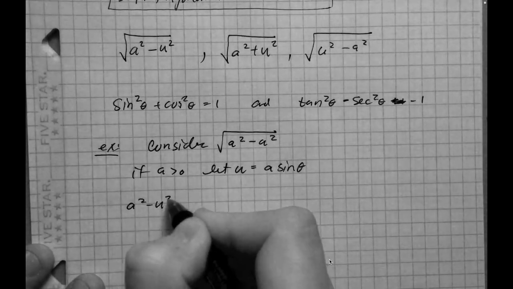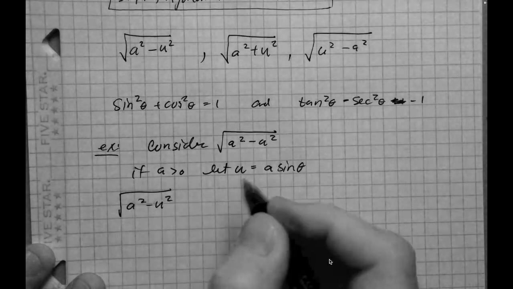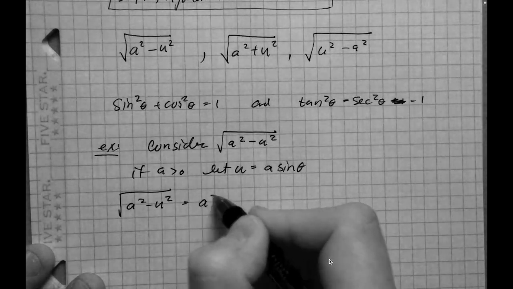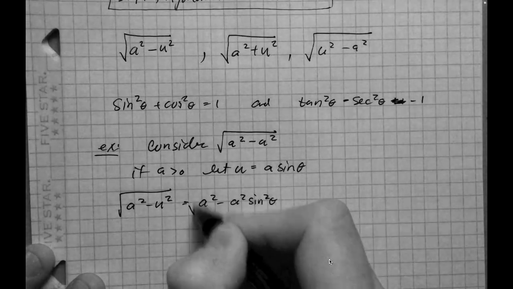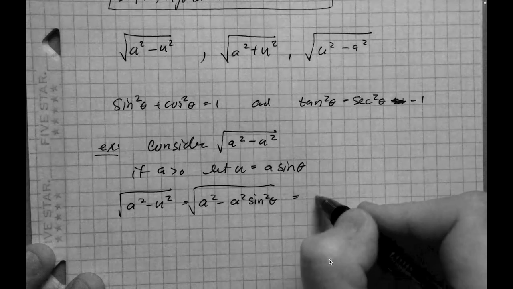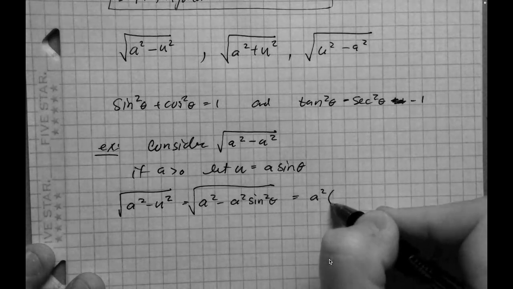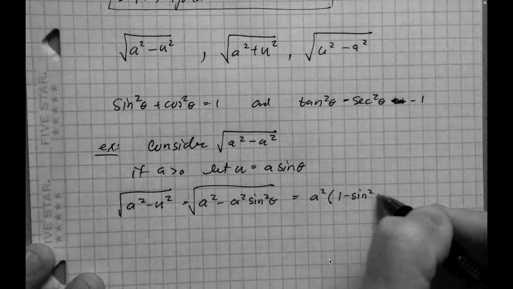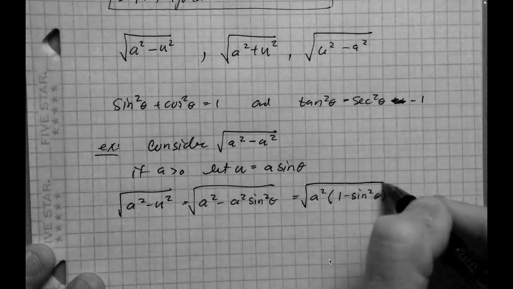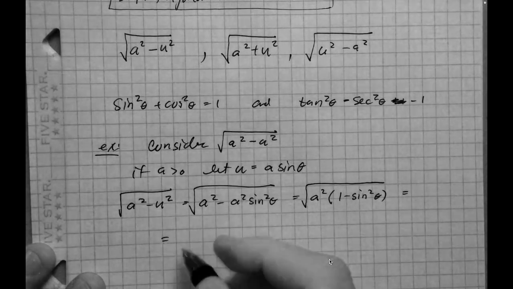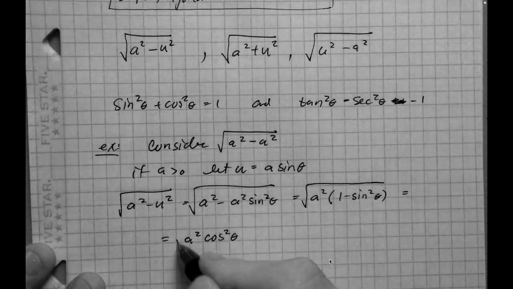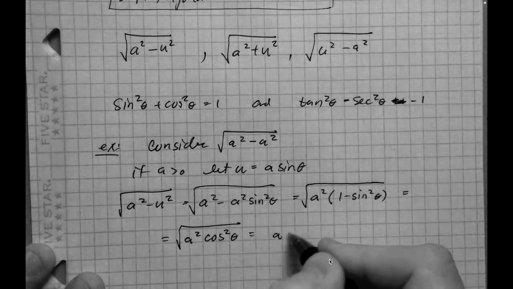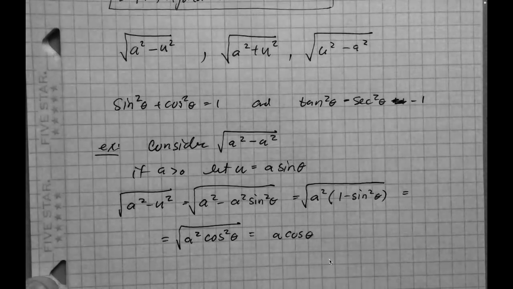The square root of a squared minus u squared is equal to the square root of a squared minus a squared sine squared theta, which is equal to the square root of a squared times 1 minus sine squared theta, which is equal to the square root of a squared times cos squared theta, which is just a cos theta, right?